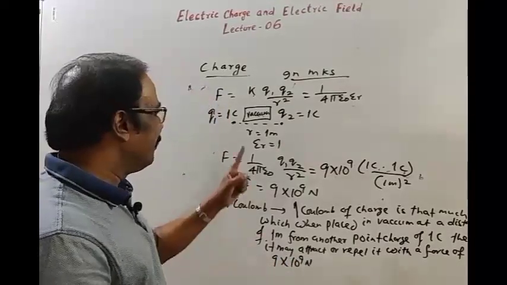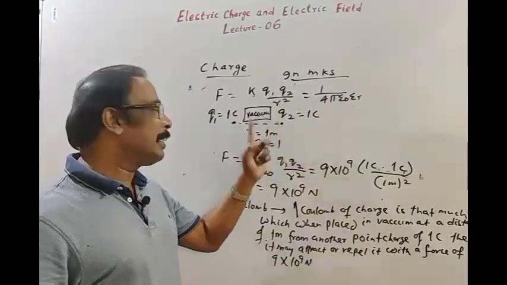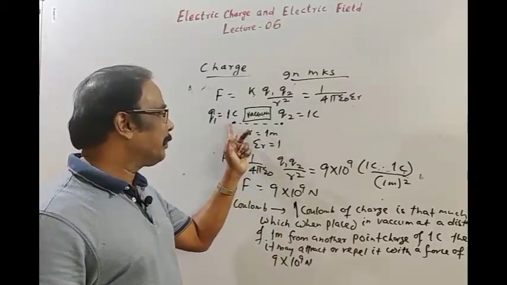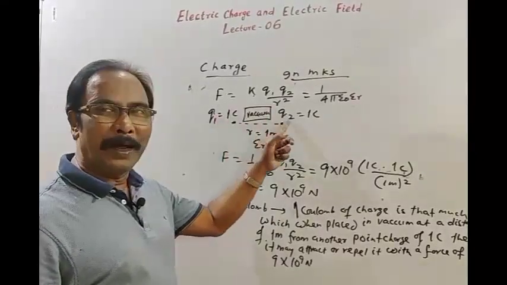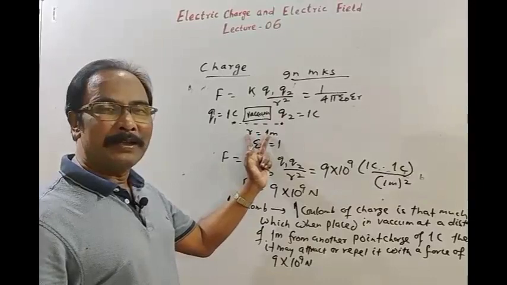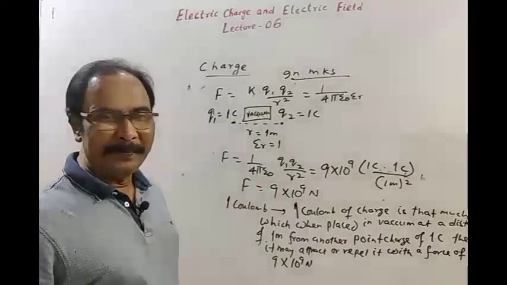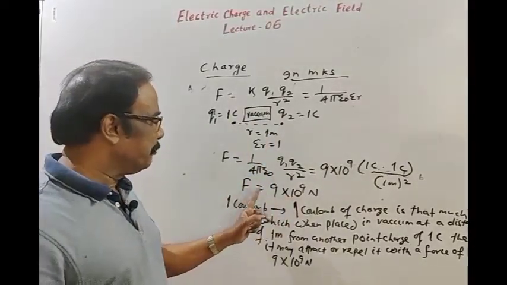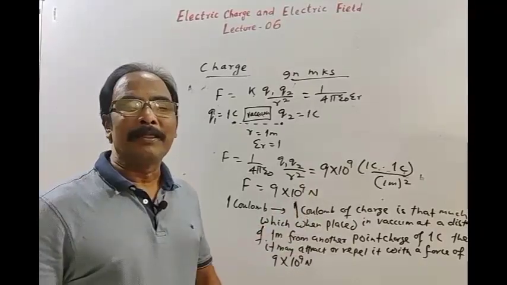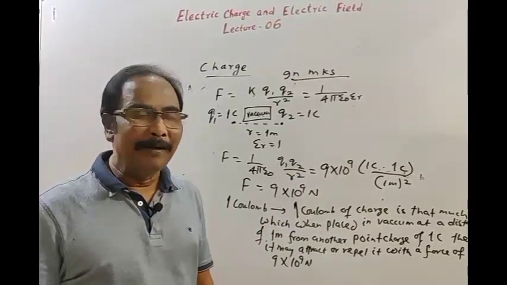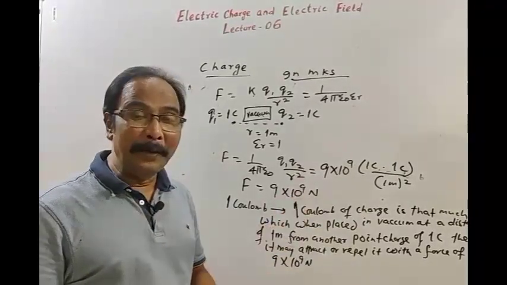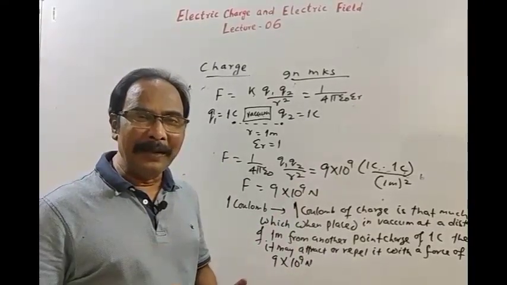Too simple. 1 Coulomb and 1 Coulomb charge, these are 2 point charges separated by a distance of 1 meter in vacuum. Then as we calculated, the force between them is 9 into 10 to the power 9 Newton.